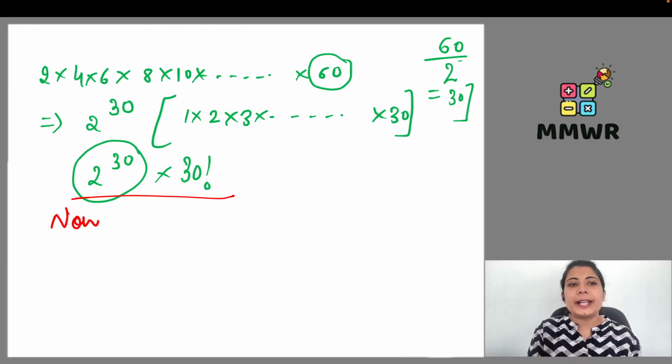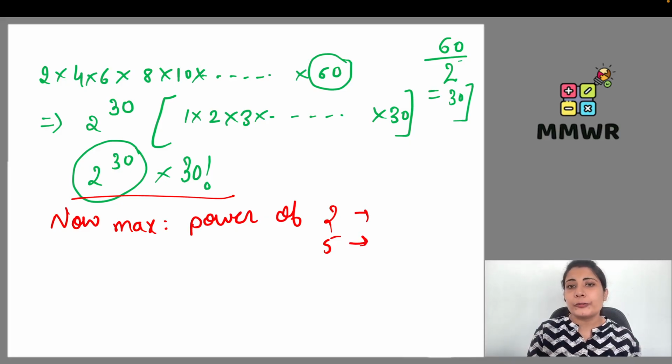Now we will find the maximum power of 2 and here the maximum power of 5. So maximum power of 2 in 30 factorial and here also in 30 factorial of 5.